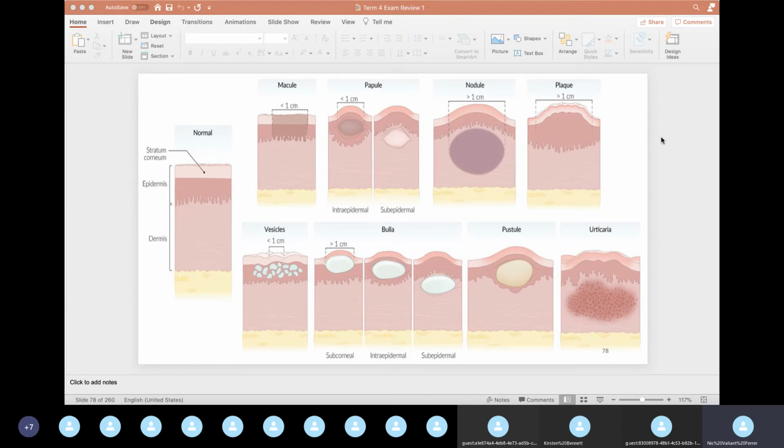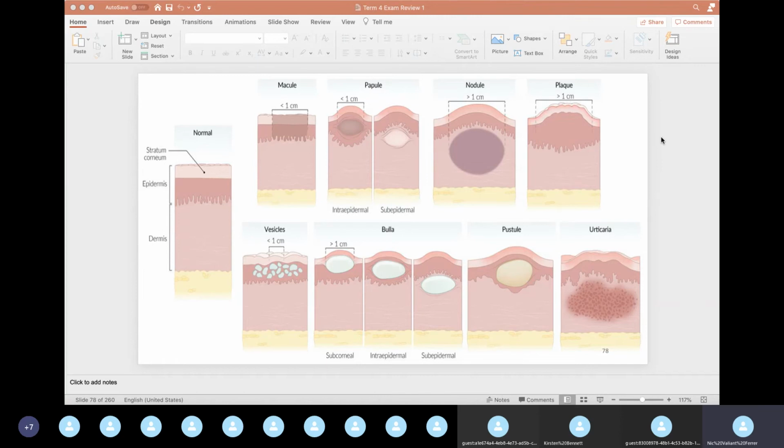A papule is something growing in your epidermis, right? So it's raised. It is a raised border in your epidermis that is less than 1 centimeter.